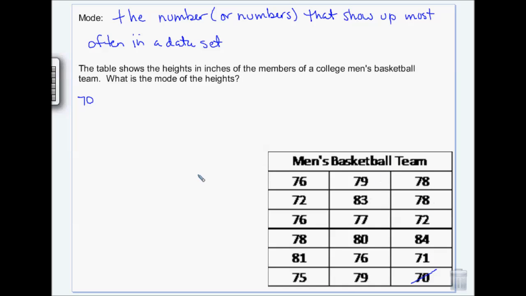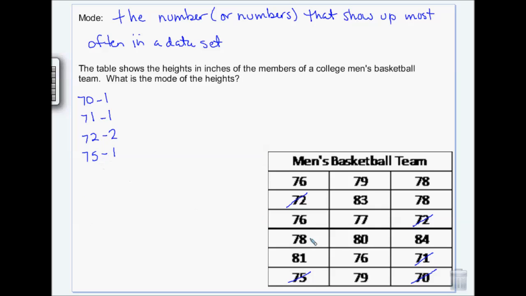If I look, there's only one 70. There's 71. There's only one of those. 72. There's 1, 2 of those. There's no 73. So my next number will be 75.